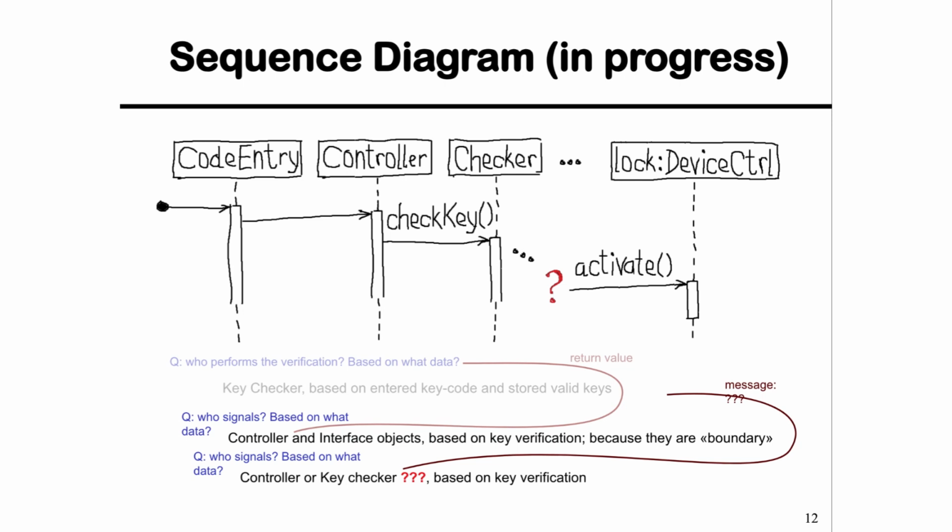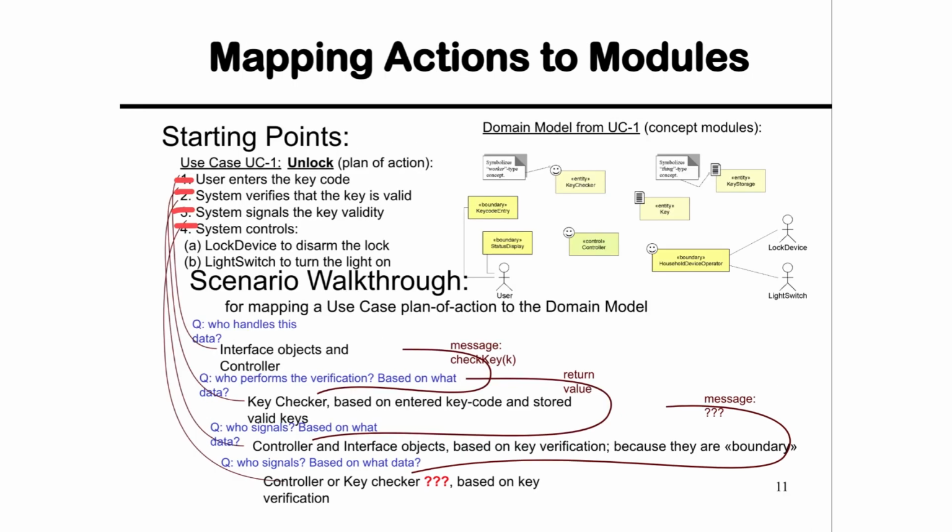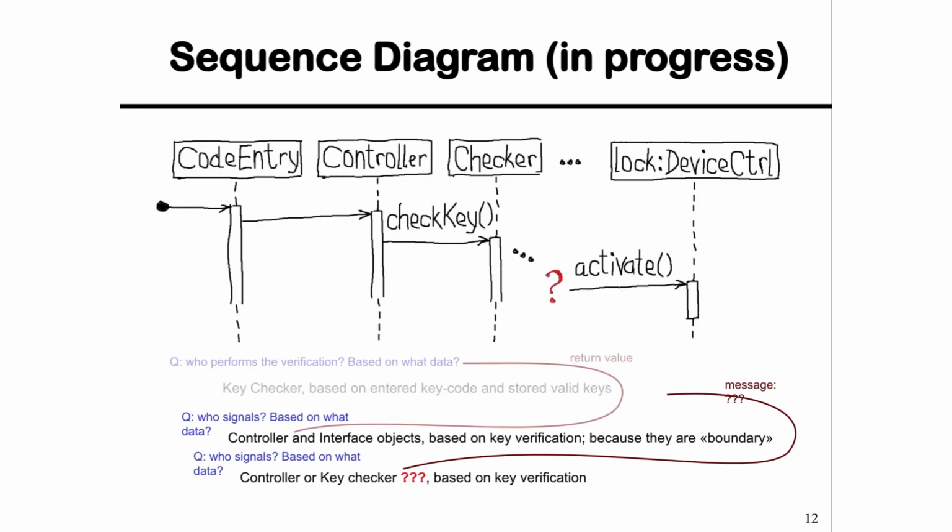As you already said, once you identify the concept modules and, using the scenario walkthrough, identify the possible interaction between these modules, the resulting diagram or model will be the sequence diagram or module sequence diagram.